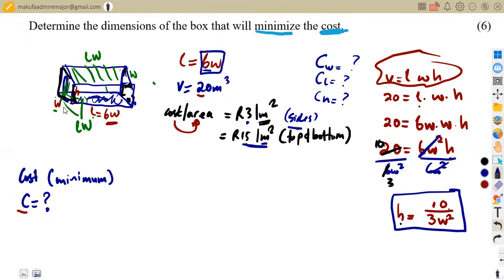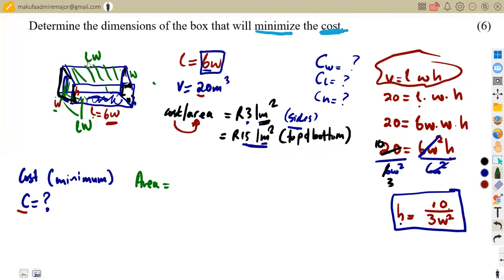Our area is the one that is important, because our cost in this case is the one that is important. What is going to affect our cost? Like I said, this should be taken from the area. So the first thing, let us have an expression for this area, taken from all the parts.